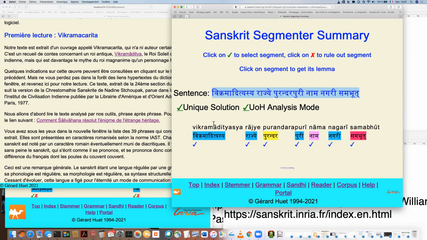The story takes place many centuries later at the court of Bhojadeva. Bhojadeva was another king who was also reigning in Ujjayini.